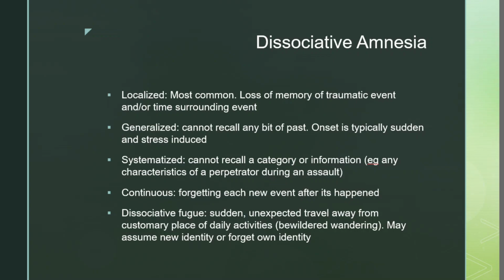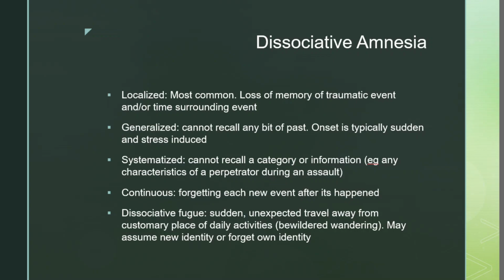And then generalized amnesia means that we can't recall any bit of the past. The onset is typically sudden and stress induced. So up until the point that you're talking to the patient, they don't know anything about any bit of their past. And systematized amnesia is where they can't recall a category of information.